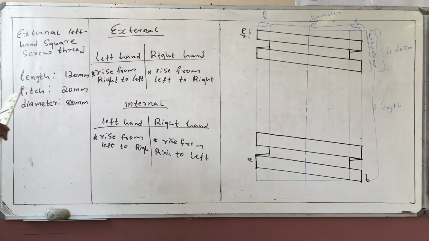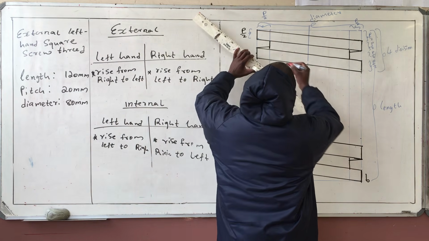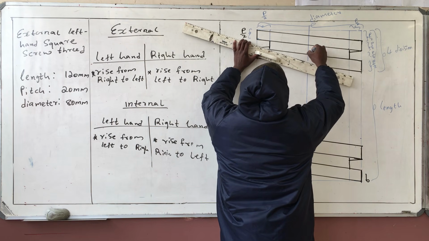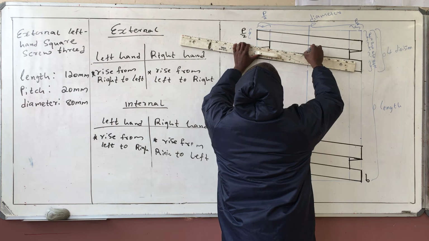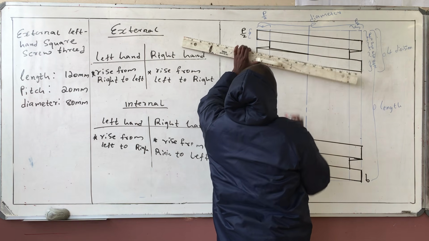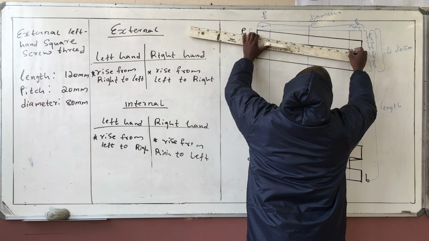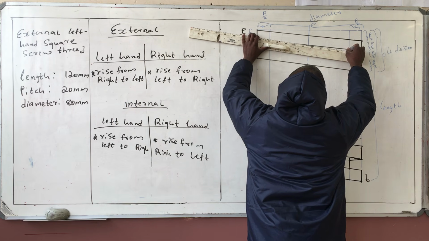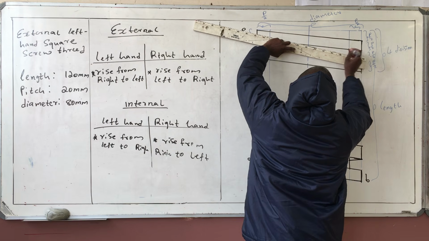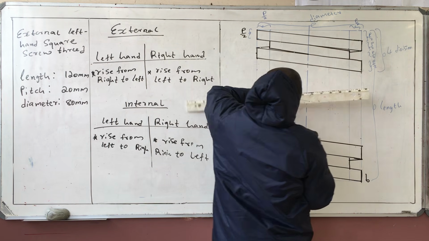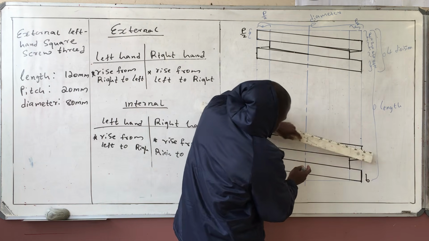So from the mark which you have made, this one and that one, you draw a line from it to the center, like that one. Even on this other side, we do the same, to the center. Same applies here.